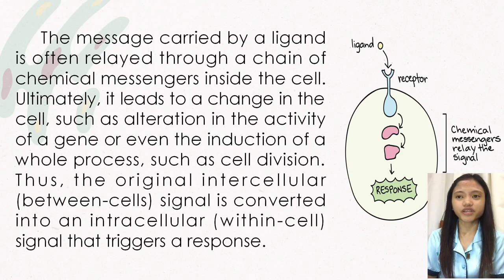The message carried by a ligand is often relayed through a chain of chemical messengers inside the cell. Ultimately, it leads to a change in the cell, such as alteration in the activity of a gene or even the induction of a whole process, such as cell division. Thus, the original intercellular signal is converted into an intracellular signal that triggers a response.